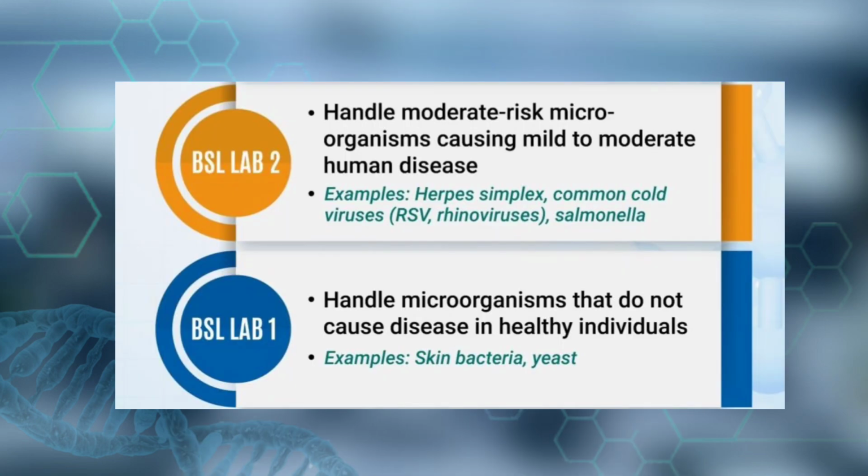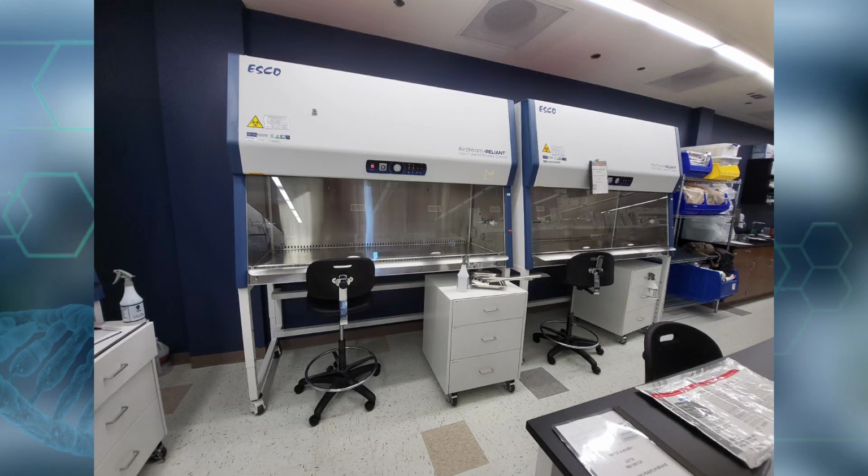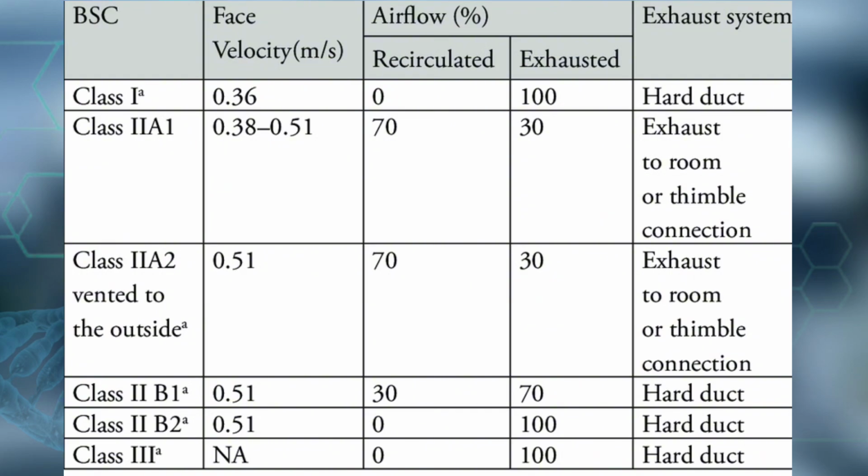These cabinets are appropriate for low to moderate risk biological agents, or those rated at biosafety level 1 and 2. Class 2 biosafety cabinets protect people, the environment, and the work samples. These biosafety cabinets are divided into 4 subtypes: A1, A2, B1, and B2, depending on the airflow speeds and the exhaust systems.